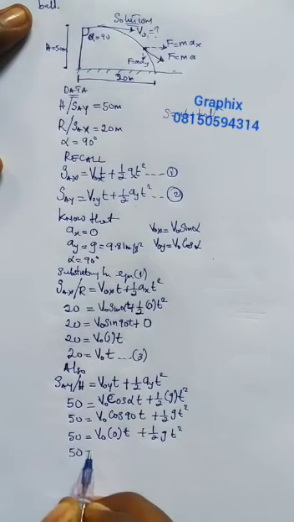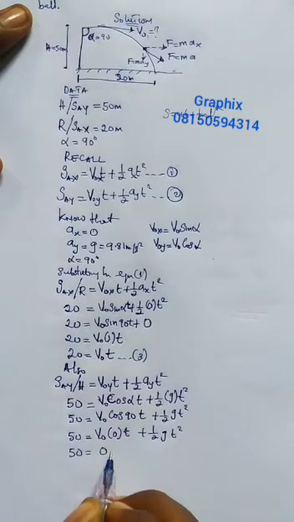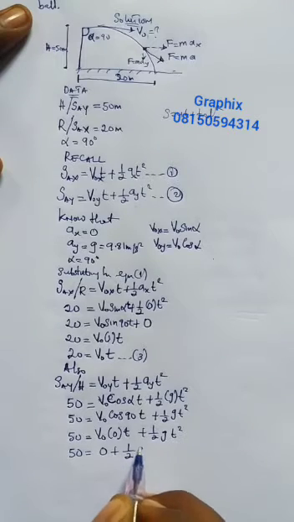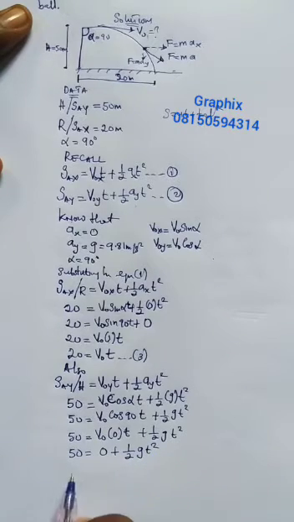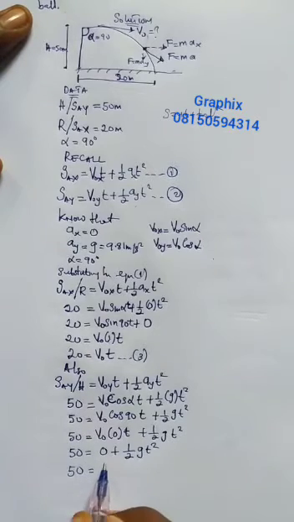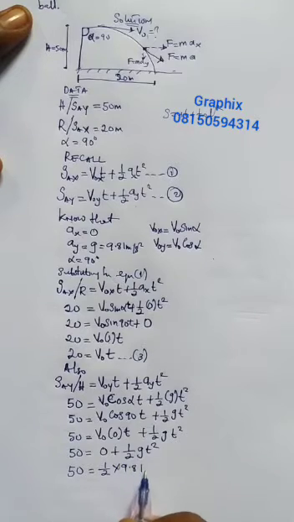So we're left with 50 equals 0 plus 1 all over 2 GT squared. So now 50 equals 1 all over 2 times 9.81 times T squared.